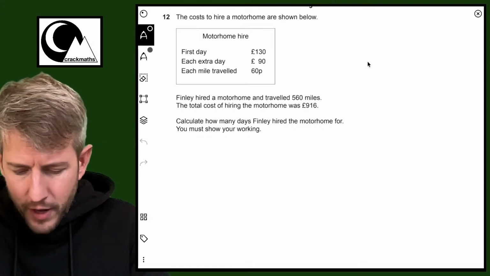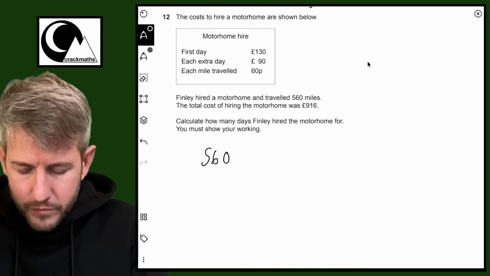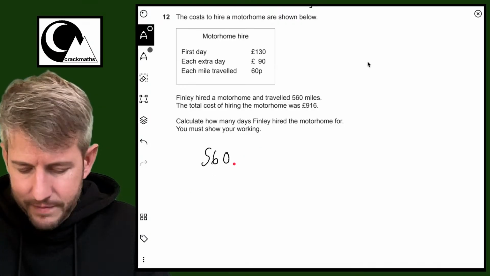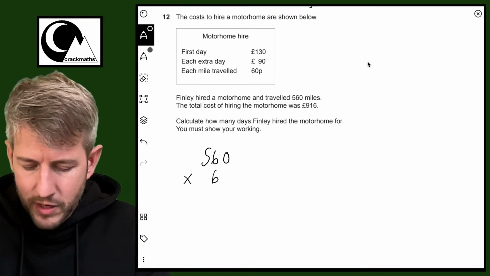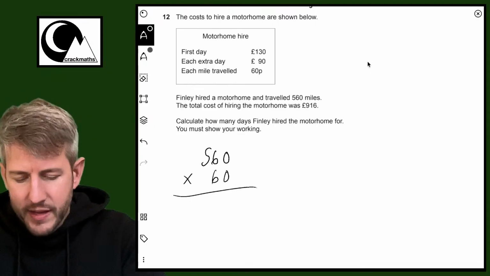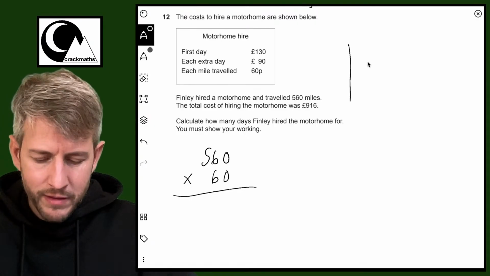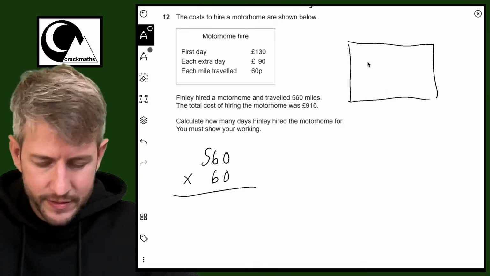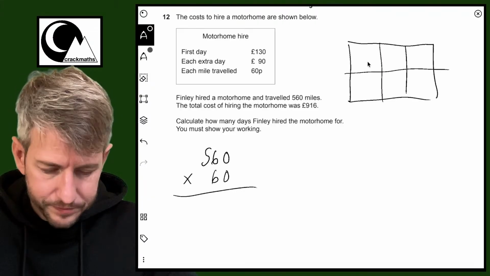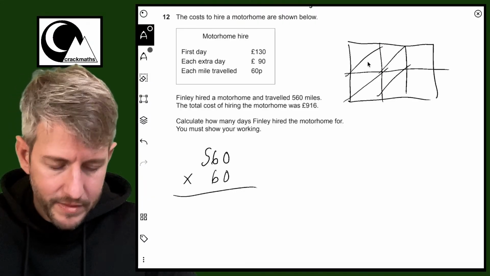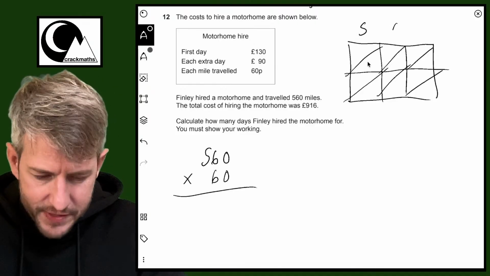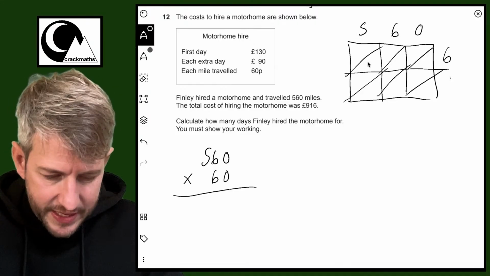So we've got 560 times 60, okay? And I'll put that down here, times 60. I like this method here for long multiplication. This is my chosen one. 560 times 60.